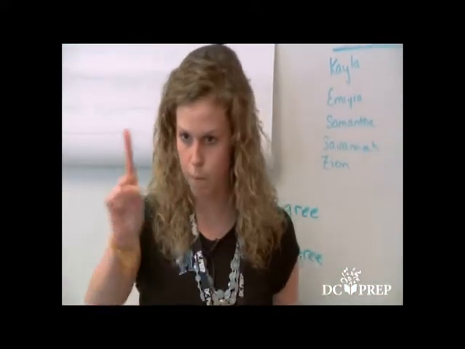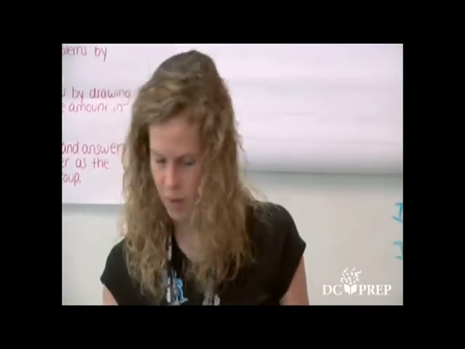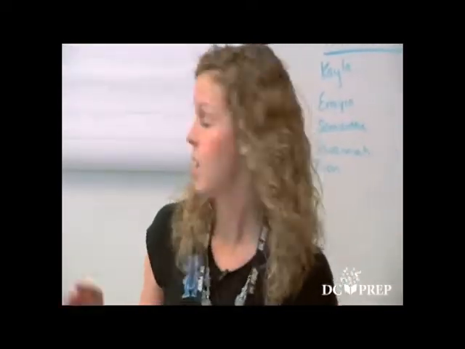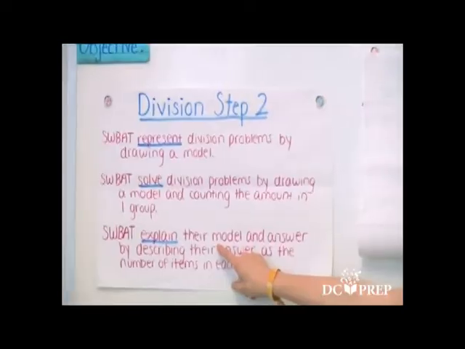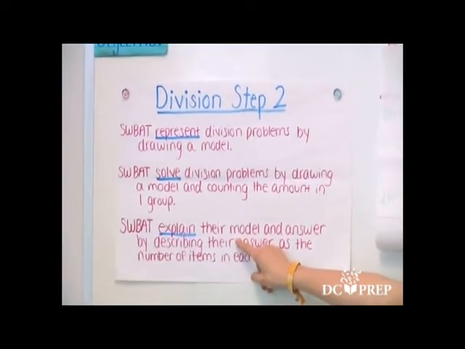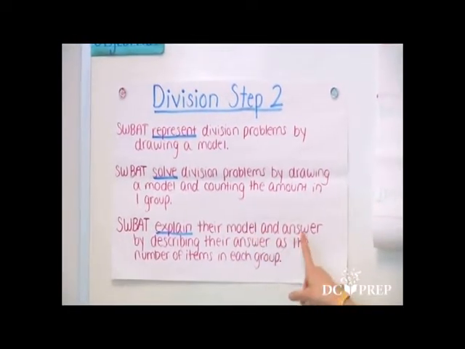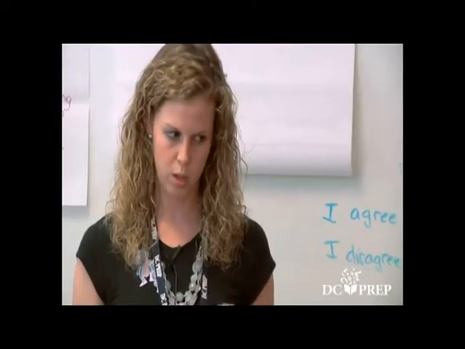That's the second goal. So first, can you draw it? Second, can you solve it? And third, I want you to be able to explain to me, using your words, your model and your answer by describing your answer as the number of items in each group, which we already started on Monday, so you should be good to go with that. So we're going to draw a picture.